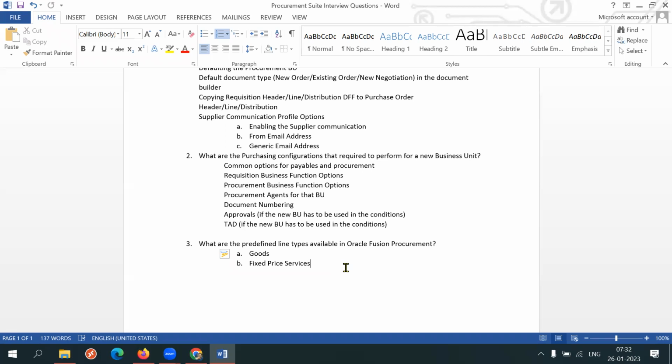If you mention expense item, in the purchase order, the moment you select fixed price services, will it allow you to enter the item or not? No. Then why are you mentioning expense item? Expense item is also an item, right? Will you be able to mention expense item in the fixed price services?